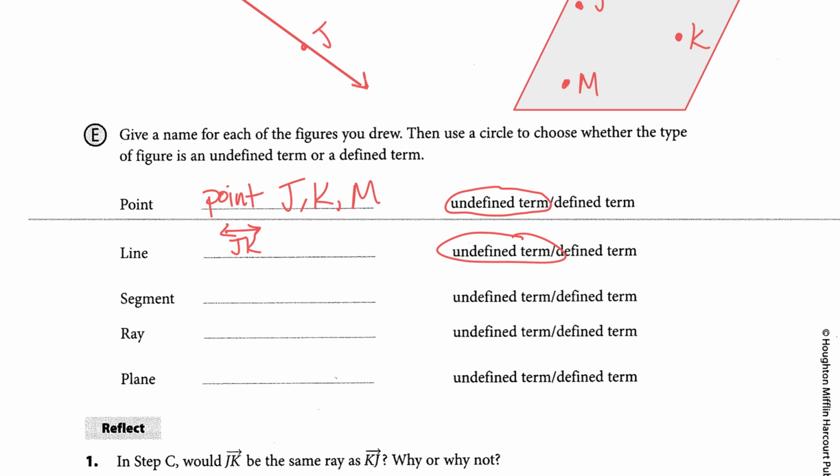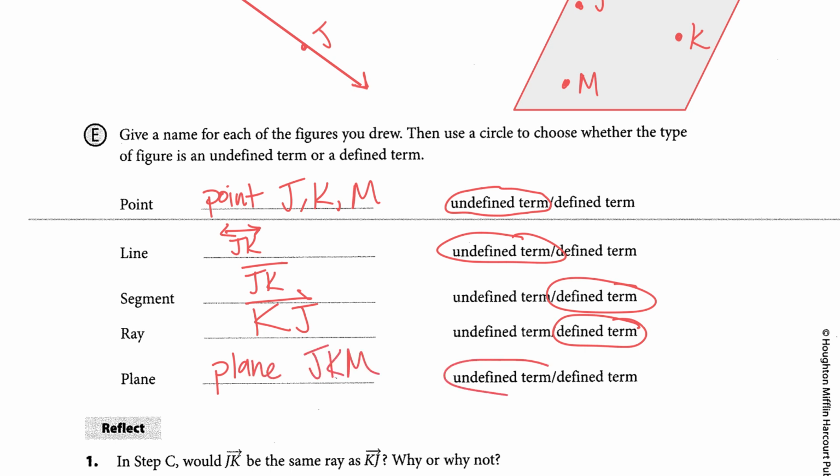We have segment JK, which is a defined term. We have ray that starts at K and heads towards J, and that is a defined term. And we have plane JKM as an undefined term.